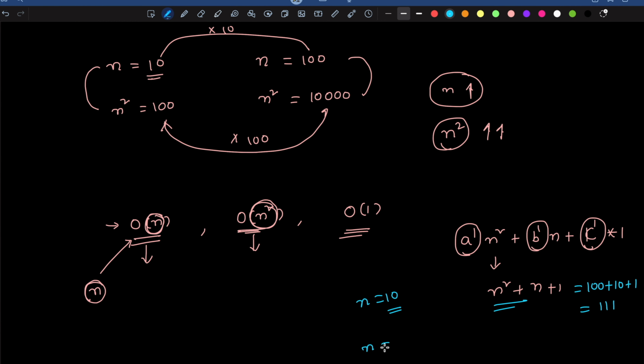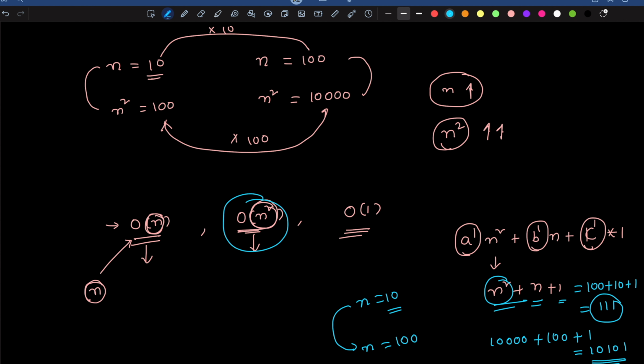What if I substitute n equal to 100? 100 square will be 10,000, plus the n value 100, plus 1, which is equal to 10,101. So as the value of n increased from 10 to 100, the value increased from 111 to 10,101, and the biggest part of this increase came from the n square term, not from the n or 1 terms. That is why we say the time complexity is order of n square here.